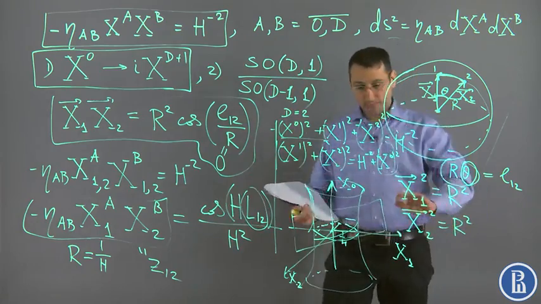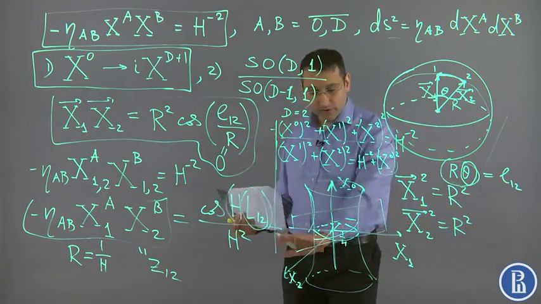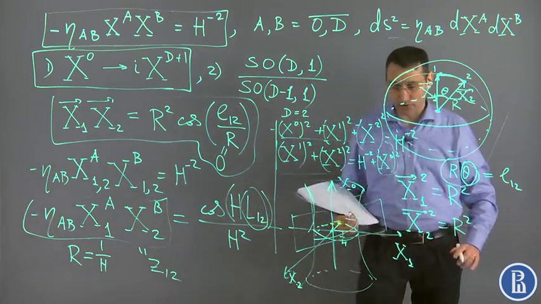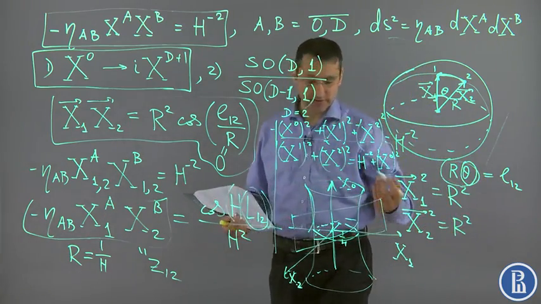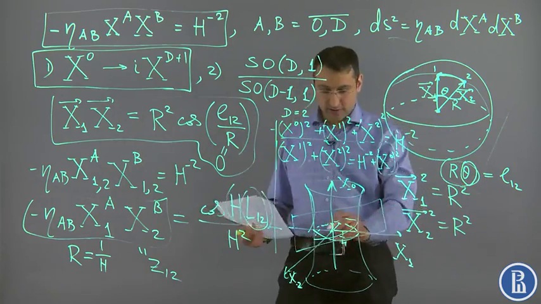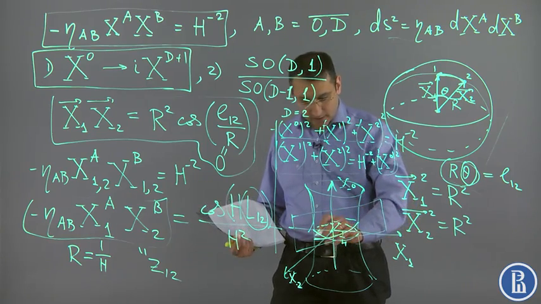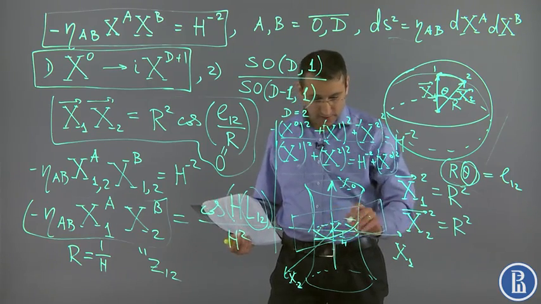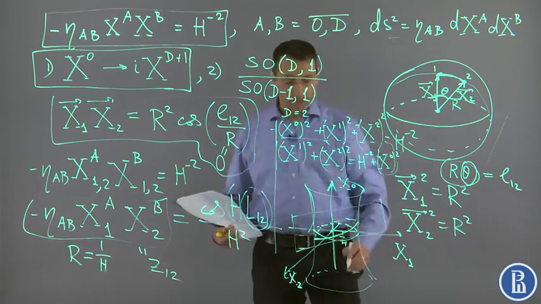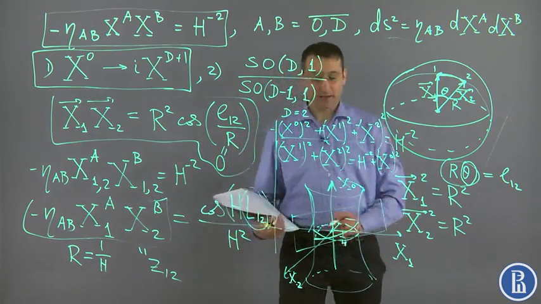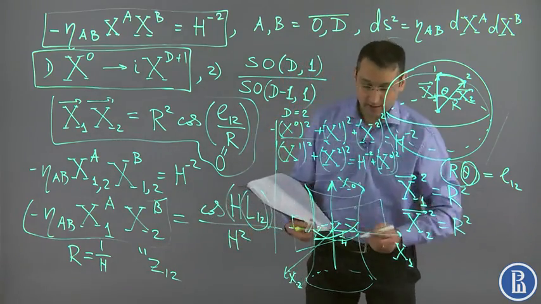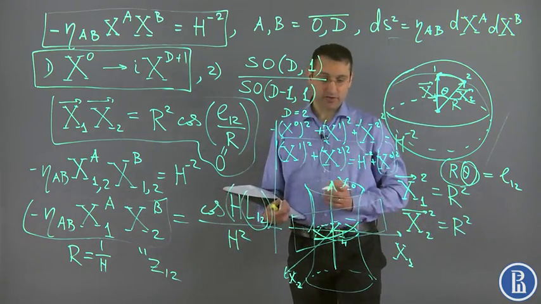By cutting this hyperboloid with planes passing through the origin, we can encounter several situations. The first situation is when the curve cut out by the plane on the hyperboloid is an ellipse. Segments of these ellipses are space-like geodesics.